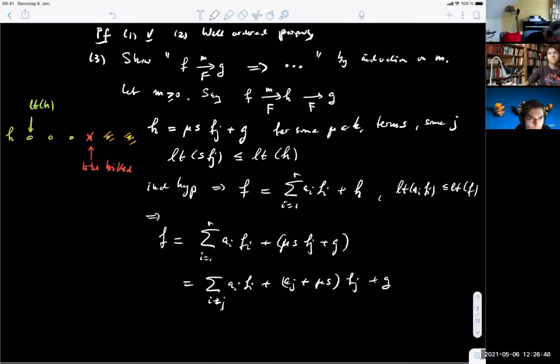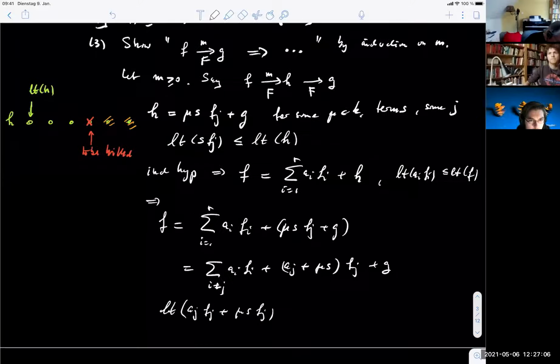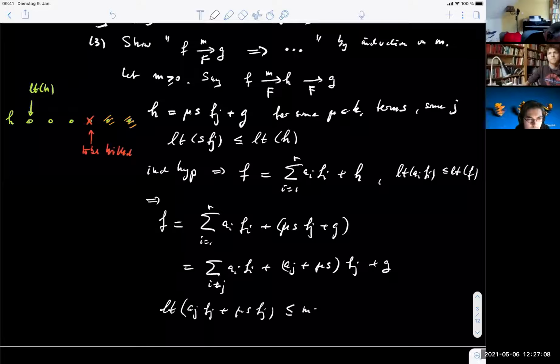I only have to check that the leading term here is less than or equal to the leading term of F. But the leading term of this sum is less than or equal to the maximum of the leading terms of these two contributions.